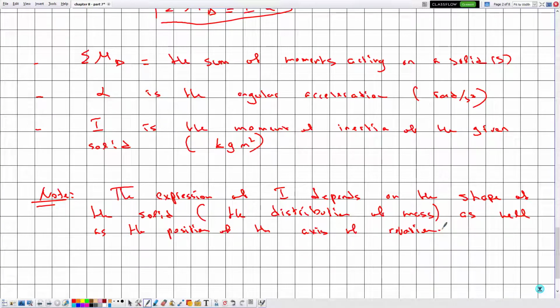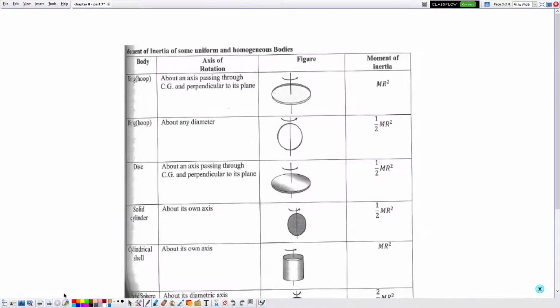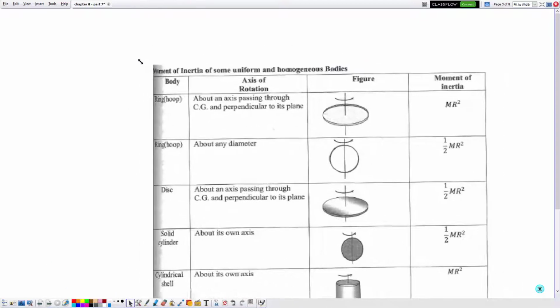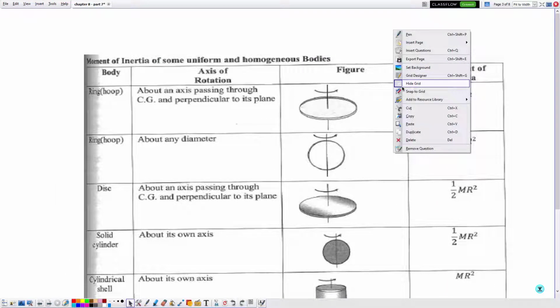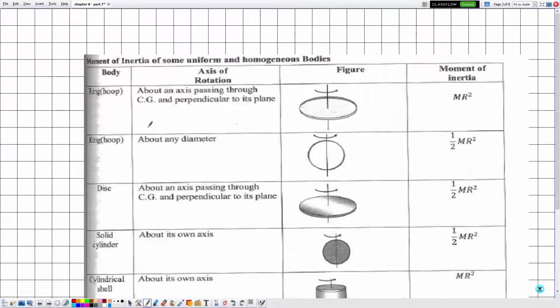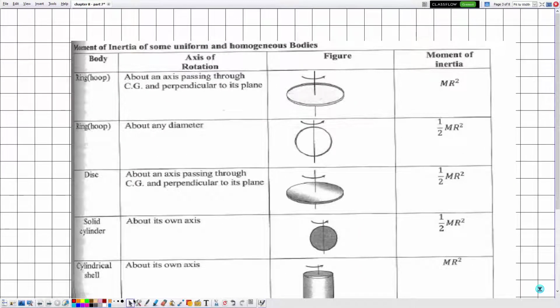Okay, now let's consider the following table that gives different expressions of the moment of inertia. I know that the story will not be clear until we solve several exercises on this topic. So let me say that the table consists of 4 columns. In the first column they are telling me the shape of the body.